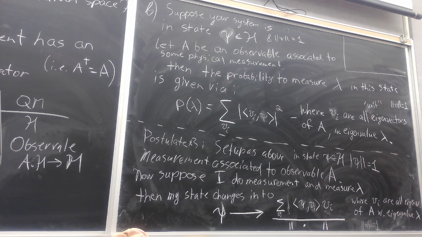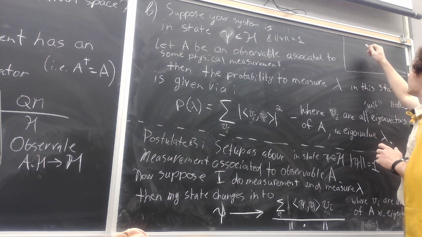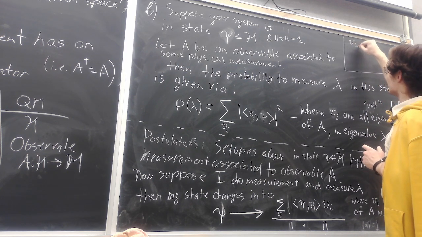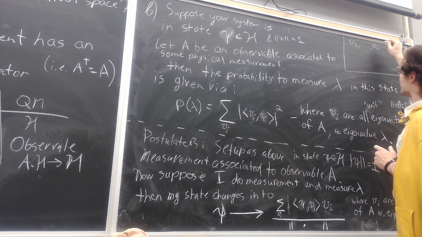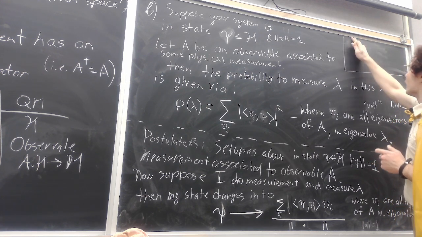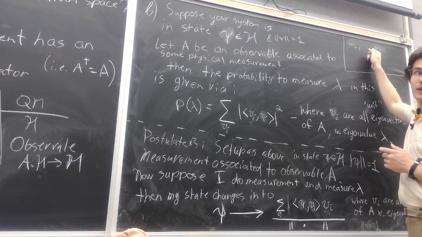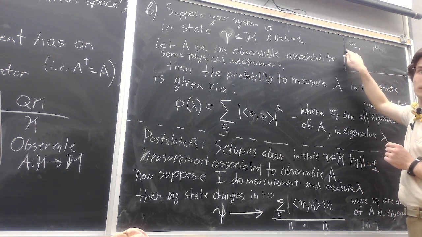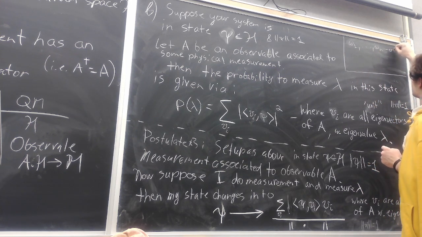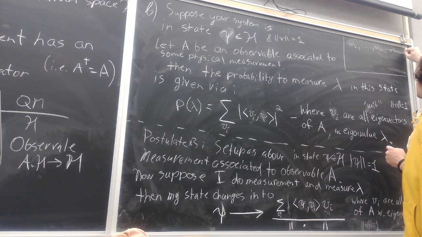So what does this mean? Just recall that if I have an orthonormal basis, say W1 up to Wn, right?